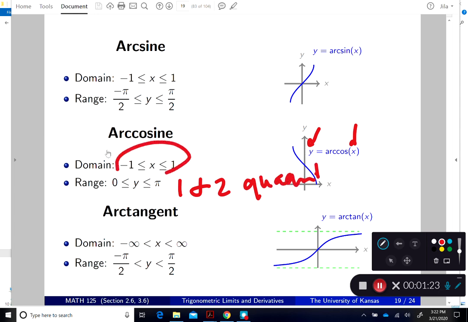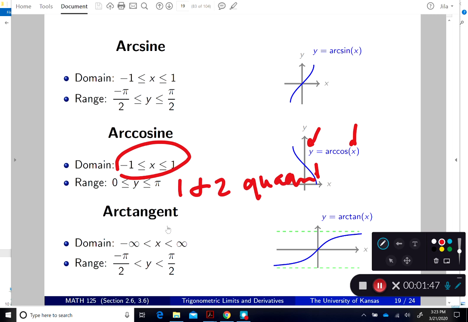The input is between -1 and 1, inclusive. So for sine and cosine, the domain is the same. The domain is the ratio that the sine and cosine output is, between -1 and 1.